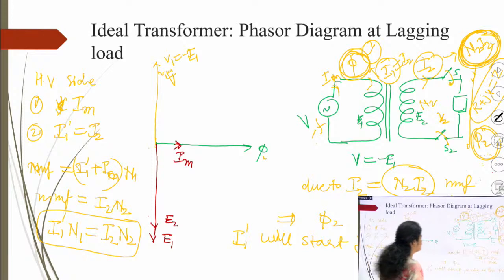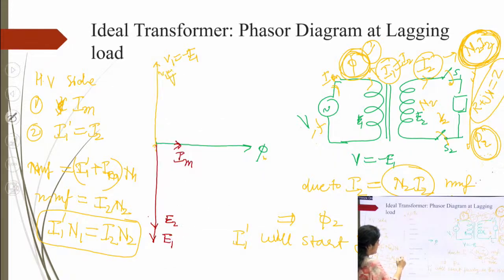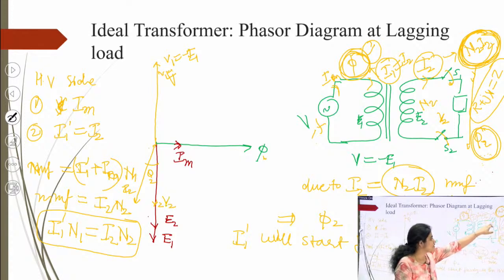Voltage V2 is here, and the I2 is lagging, right. Suppose the load power factor angle is theta 2. So this is V2, because there is no drop between the V2 and V2. So we will assume that this is equal, right.